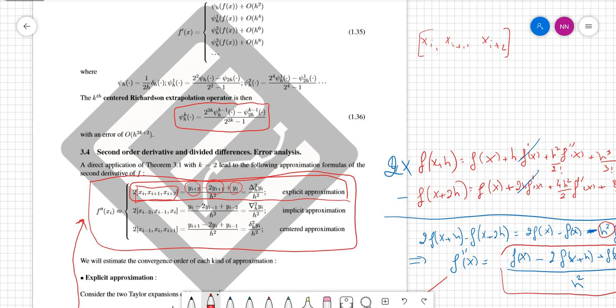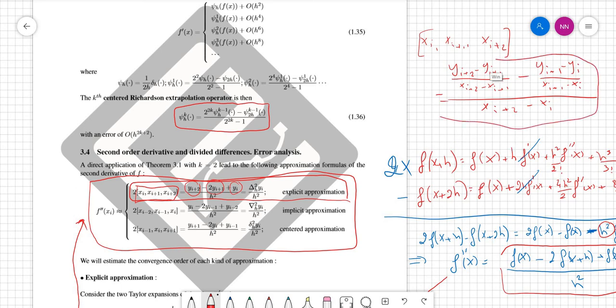In other terms, it's yi plus 2 minus yi plus 1 over xi plus 2 minus xi plus 1, minus yi plus 1 minus yi over xi plus 1 minus xi, and all divided by xi plus 2 minus xi. If you make some manipulations on this expression, you will obtain the same approximation that is in here, which is yi plus 2 minus 2yi plus 1 plus yi over h squared.